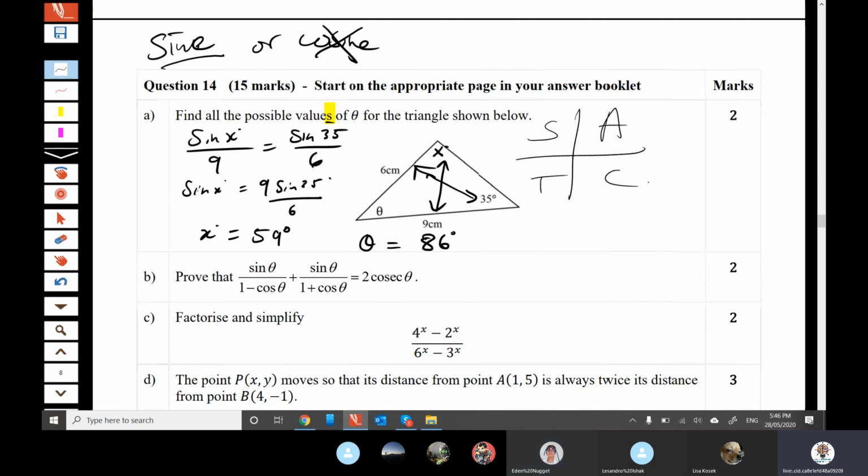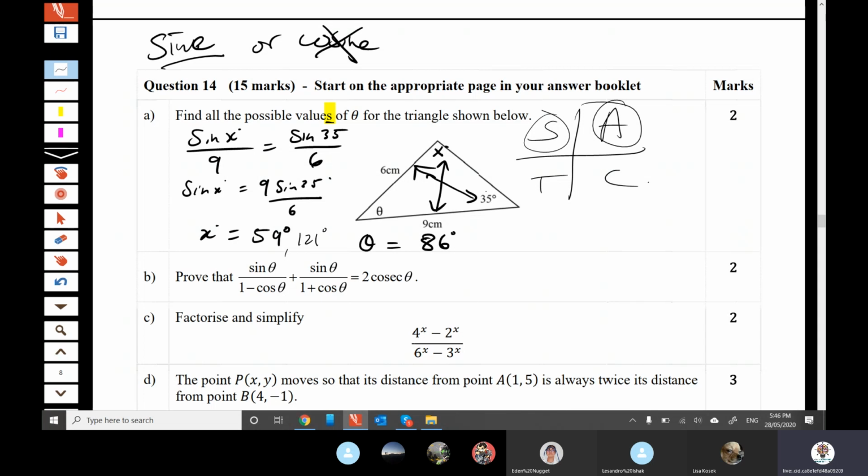Whenever you solve inverse sine of this to get 59, that's only one answer, which we've usually accepted, because it's usually only been for a triangle. And when you do 180 plus 59 or something, it's too large. But with sine, sometimes you can get an angle that's 180 minus 59, which is 121.